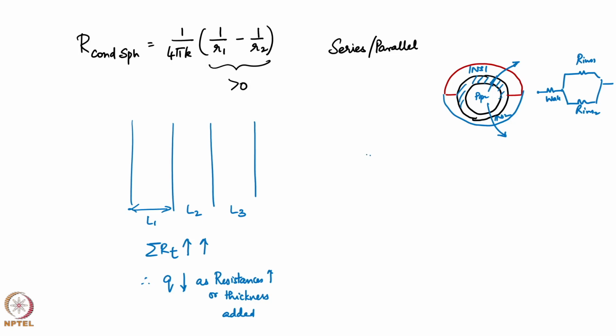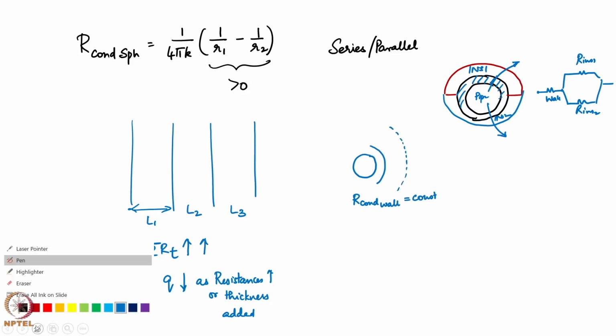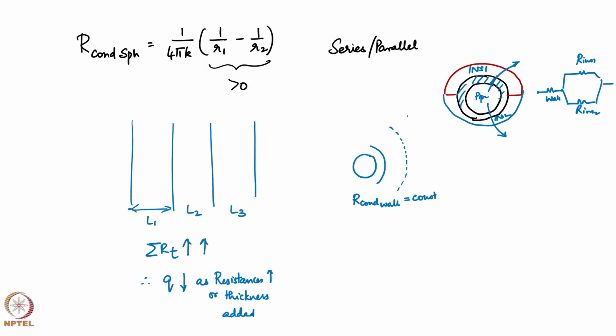But if I am having a radial system, this is my wall, this resistance is constant, this is my insulation. Let us look at a case where my insulation now has moved here, R insulation new, this is R insulation old.